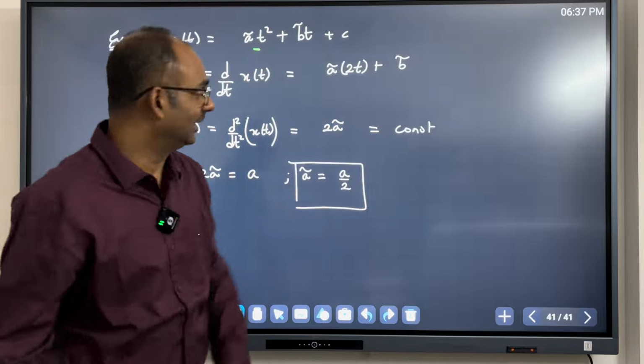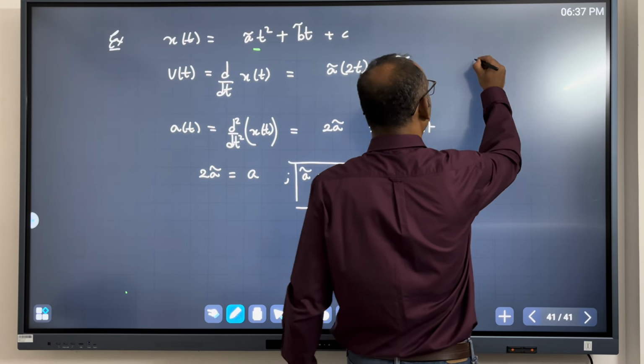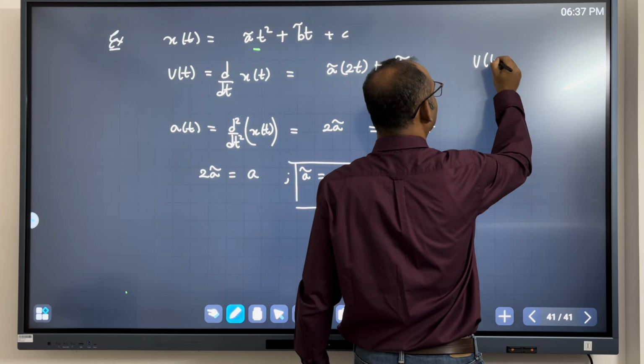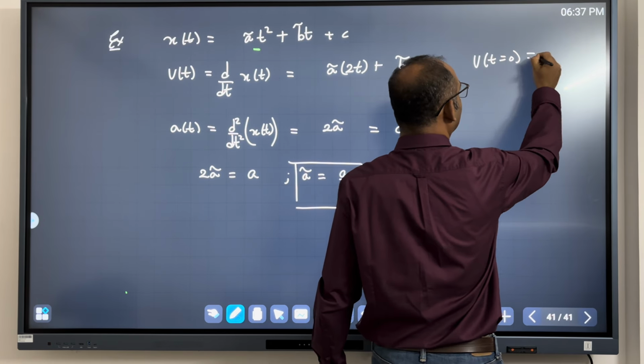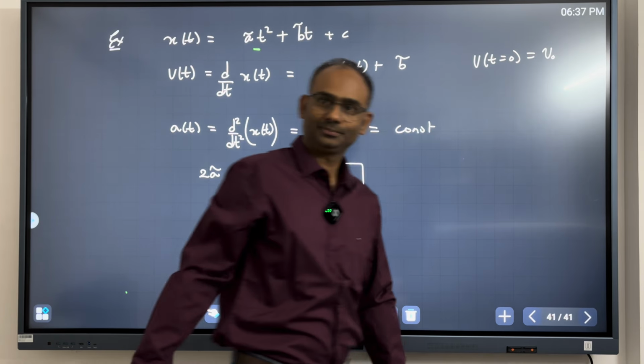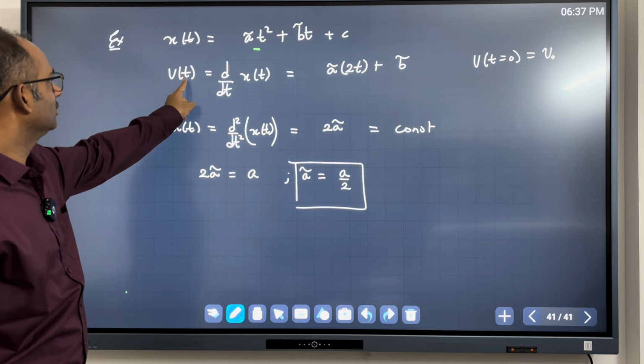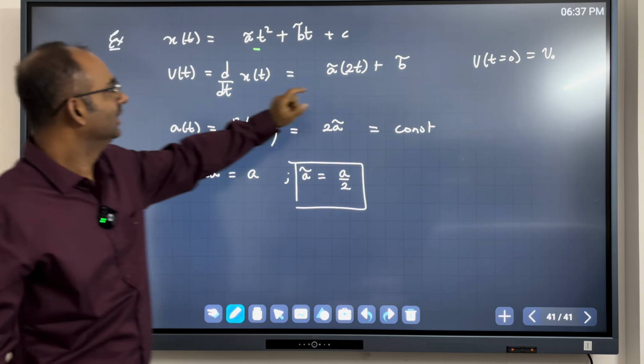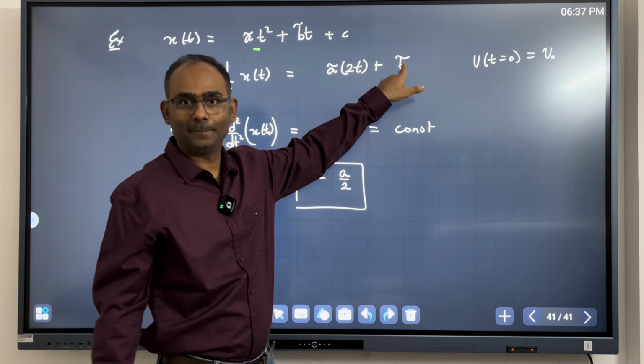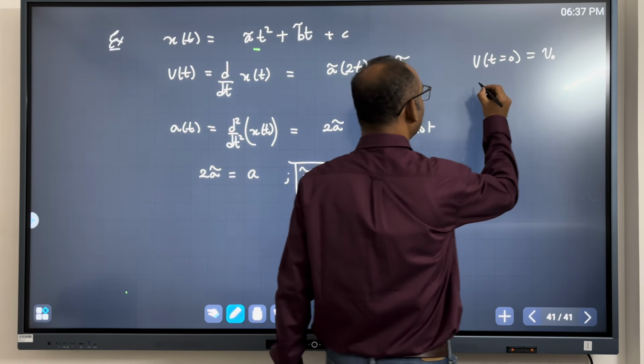Let me give it a symbol: let's call it v naught. So this goes away, and what I have is B tilde.